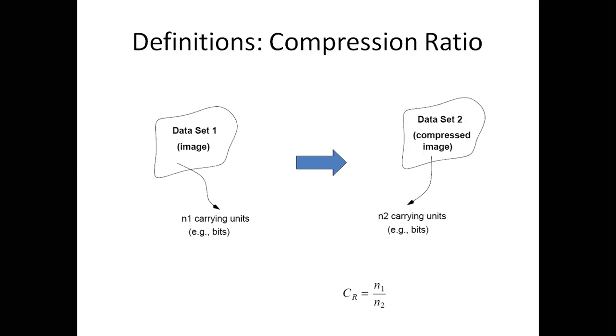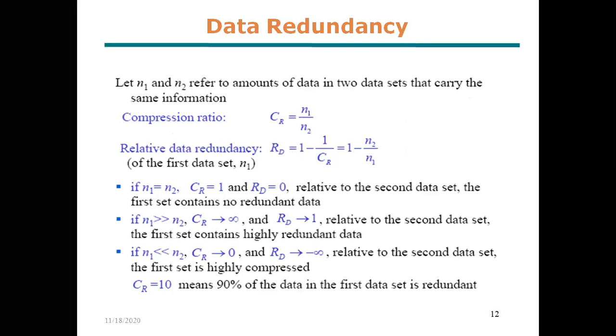Okay, compression ratio. So in this way you can define it. It is the ratio of the original image data to the compressed image data that gives the compression ratio. Here we want to use some basic terms to represent different things in image compression.